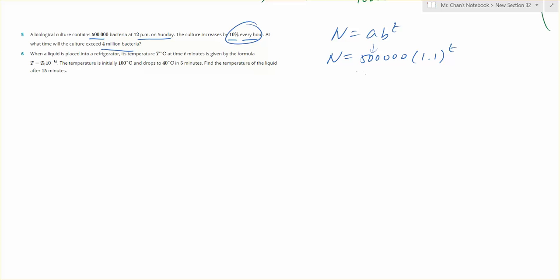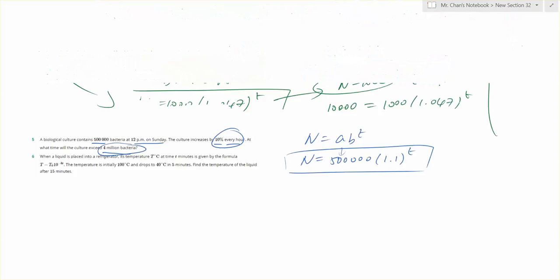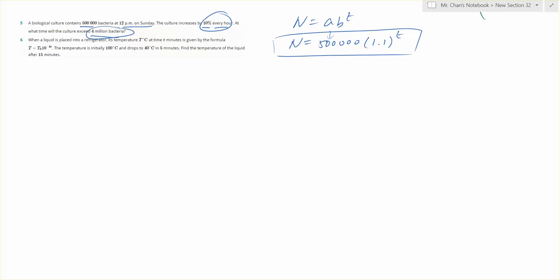So from the question itself, I can specify my model straight away. Now we need to use our model. We need to use the model to figure out what we want, which is what time will the population exceed 4 million bacteria. So we're given that N equals 4 million. We're trying to find at what time that occurs.